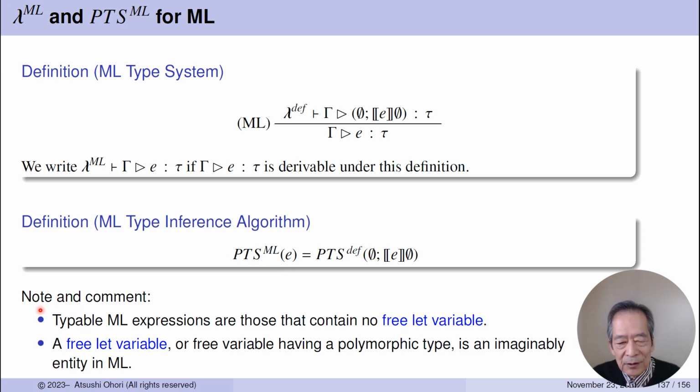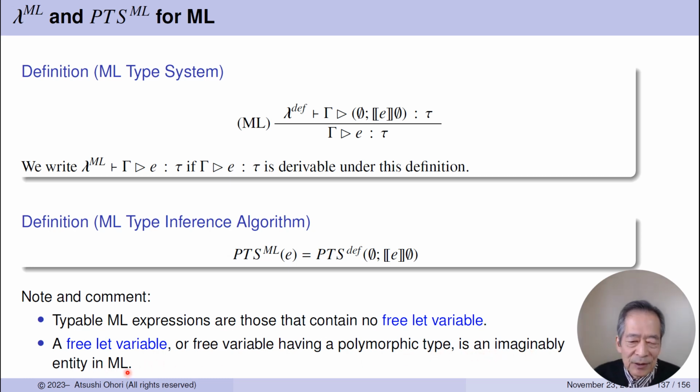So one note and comment. The type of an ML expression, those expressions that have typing, are restricted to those expressions that contain no free let variable. Of course, an expression can contain free variables, of course, but no free let variable. So as a comment, a free let variable, or the same thing, a free variable having a polymorphic type, is an imaginary entity in ML.